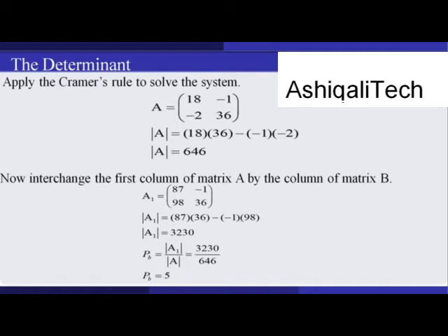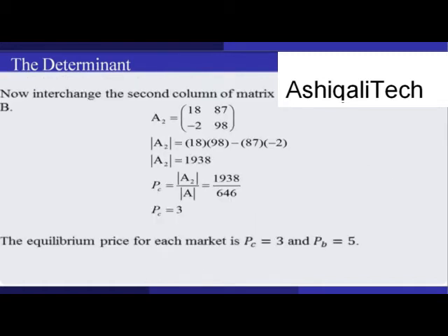Now we calculate PB, that is dividing the determinant of A1 by the determinant of A. So we get 3230 divided by 646. Therefore, PB is equal to 5. Now interchange the second column of the matrix A by the column of matrix B. So we get A2 is equal to given by.